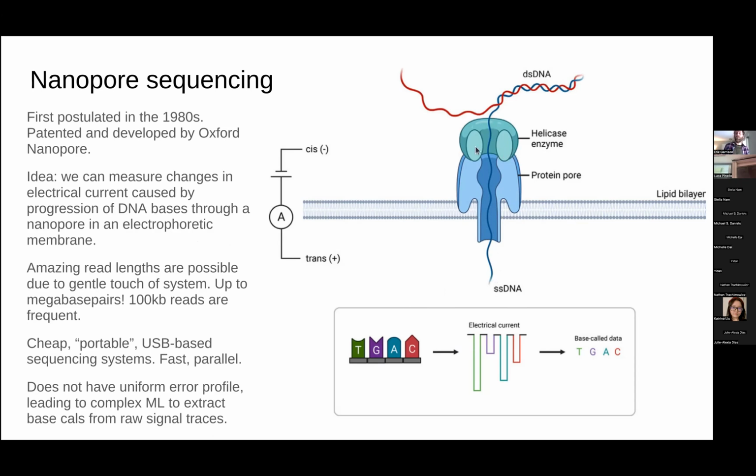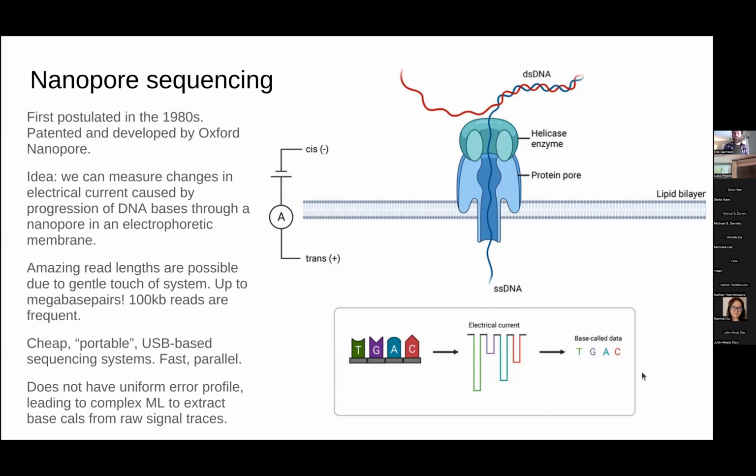And to help with this, there's also a helicase involved that makes sure we have a single strand of DNA going through that pore. And so the idea is this DNA is flowing through. As that happens, the different bases have different electrobiological properties that can be observed with changes in electrical current, and that results in base calls.